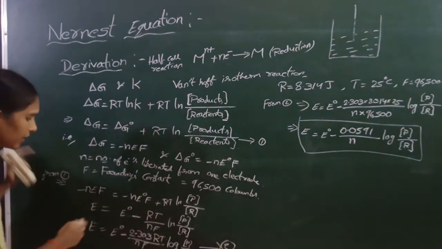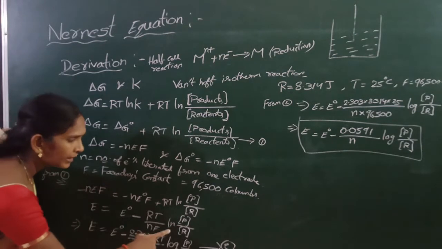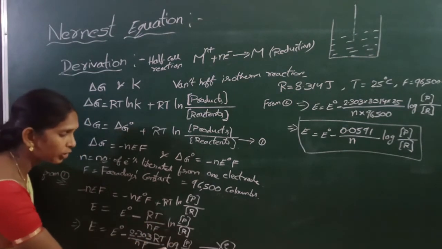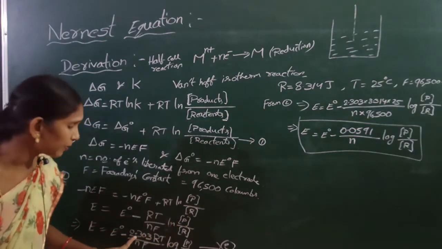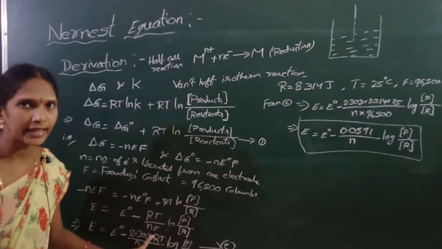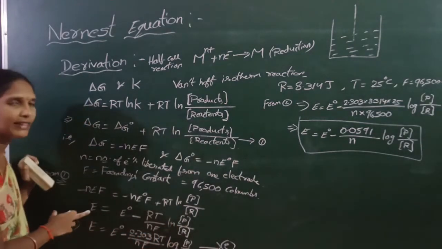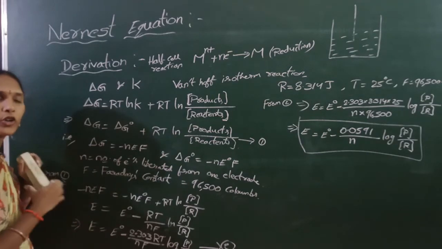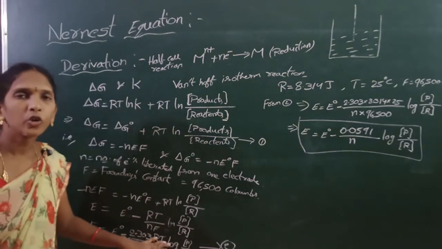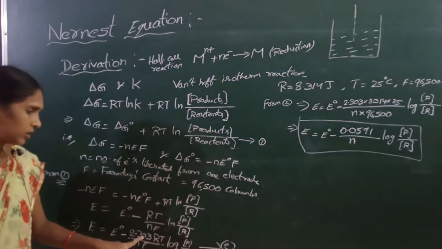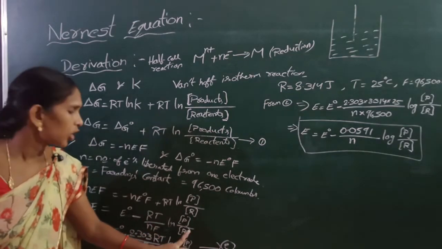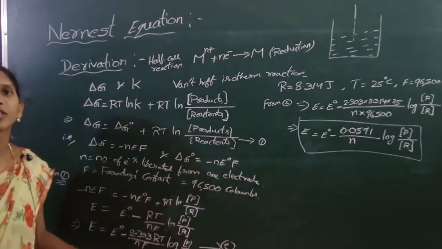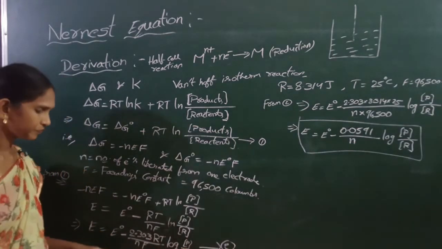Then in this equation ln can be converted into log, so we multiply by 2.303. That means the electrode potential E is equal to E naught minus 2.303 RT by nF into log concentration of products by concentration of reactants.